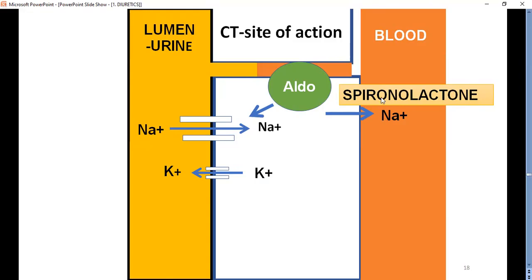Spironolactone is an agent which blocks aldosterone, thereby reducing aldosterone-mediated sodium reabsorption. Thereby it reduces the potassium excretion. That is why it is known as a potassium-sparing diuretic. Then amiloride is a direct inhibitor of the epithelial sodium channel, thereby reducing sodium reabsorption and potassium loss.